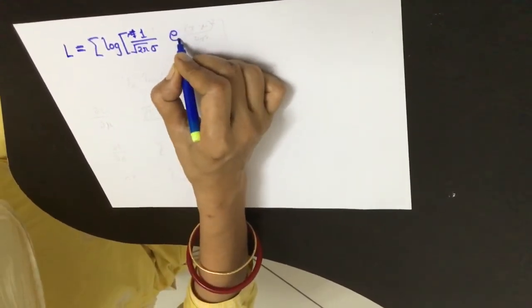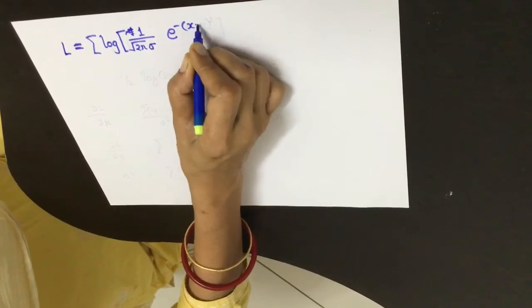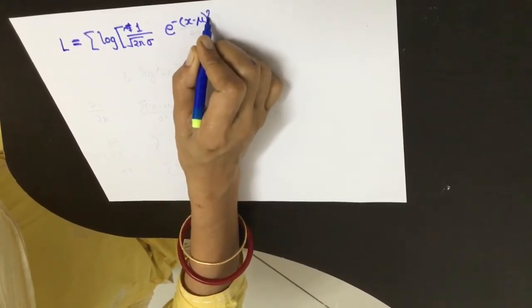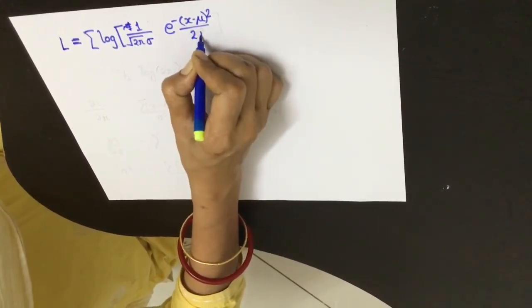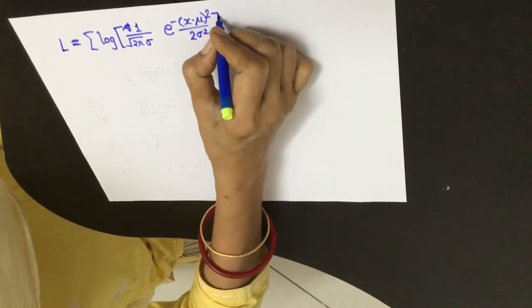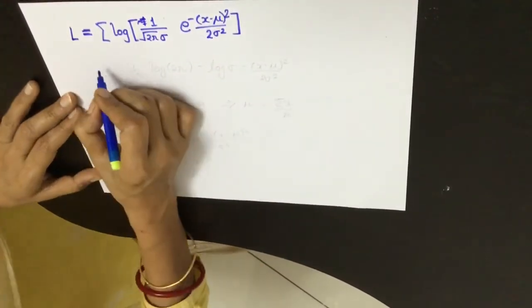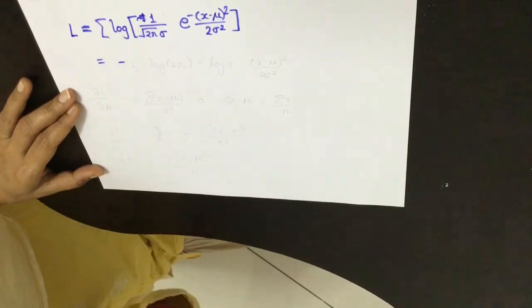We know the density function of the normal distribution, and we can also write it in another form.